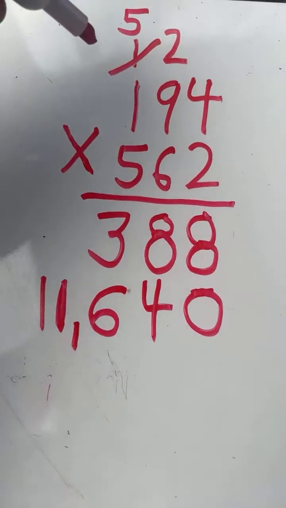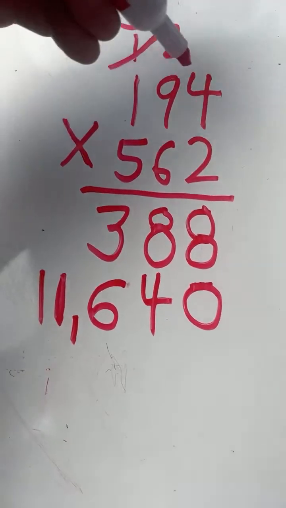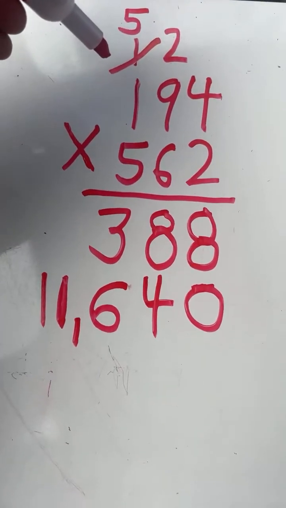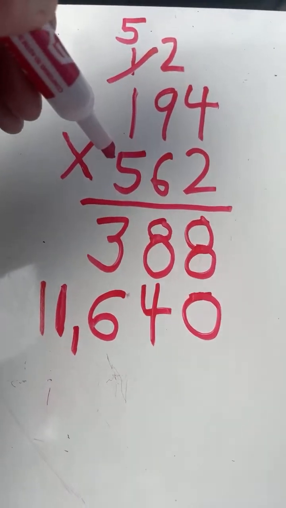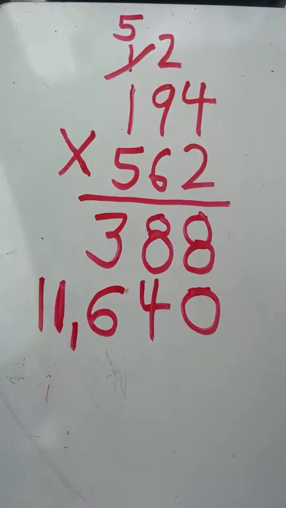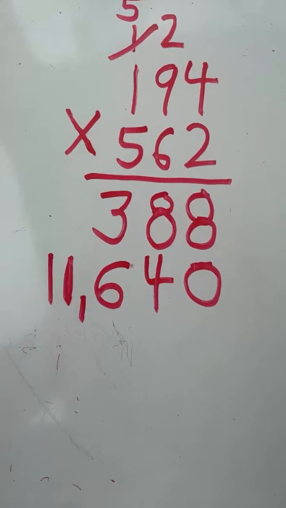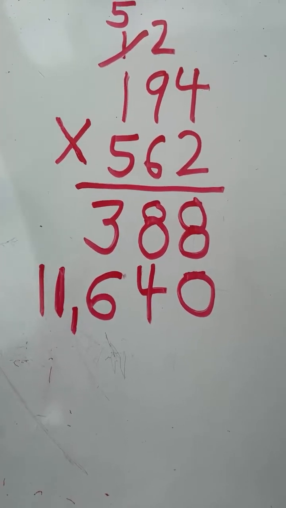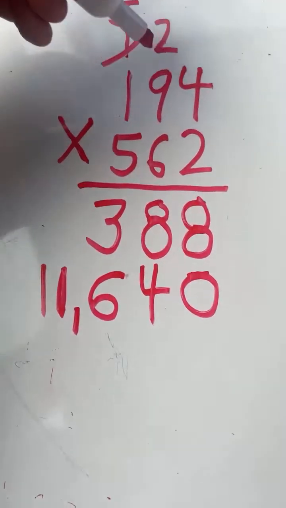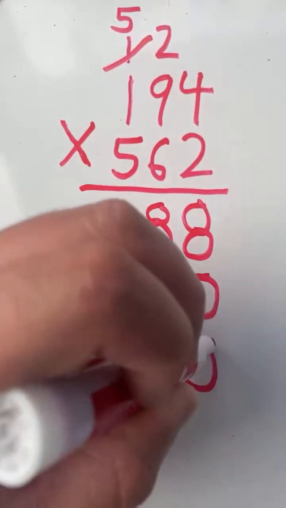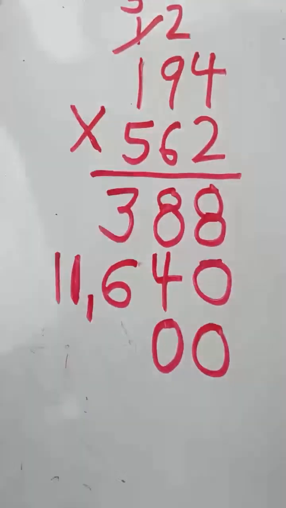Now for the next round, we have to multiply the top 3 digits times the bottom digit in the hundreds place. And since we've already multiplied both digits in the ones and tens place, we're going to put a 0 in the ones place and a 0 in the tens place.